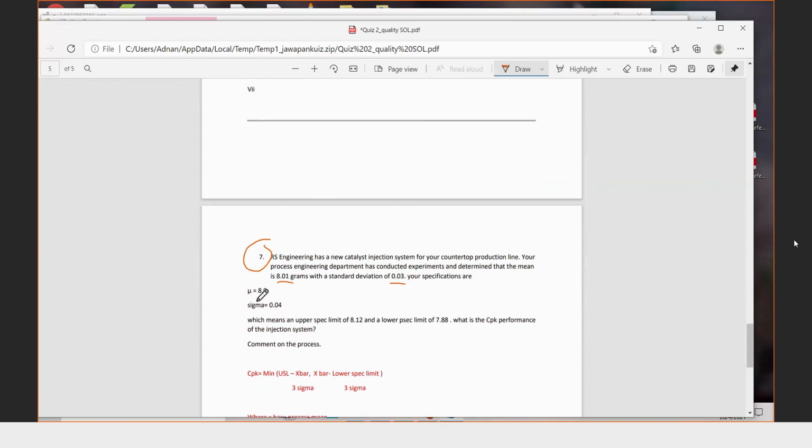Your specification is given here and the sigma is given here. Which mean that upper spec limit is 812, lower spec is 788. What is the CPK for this process?